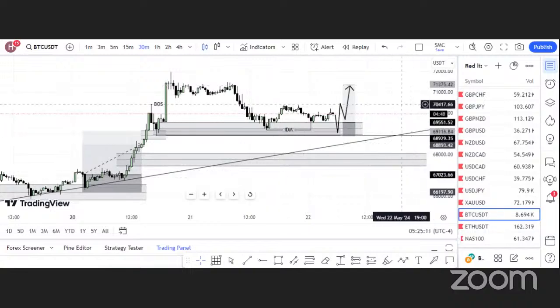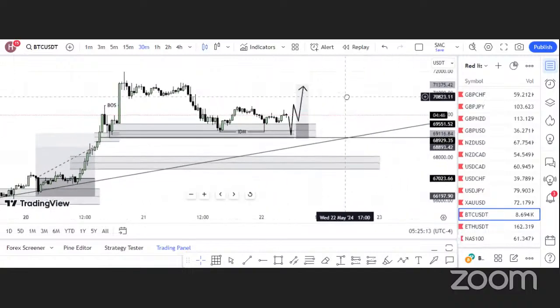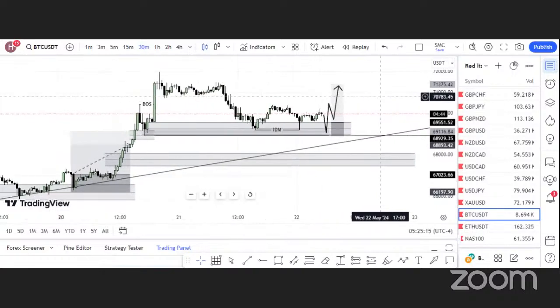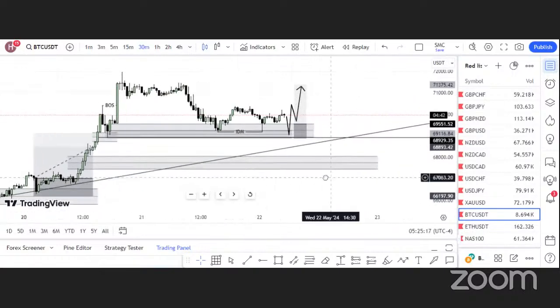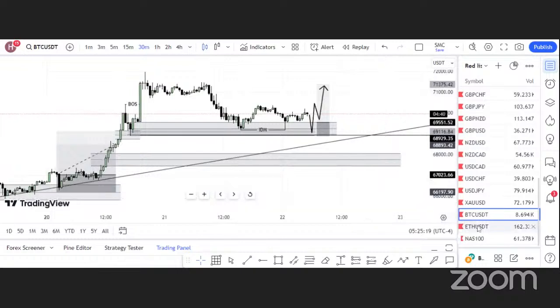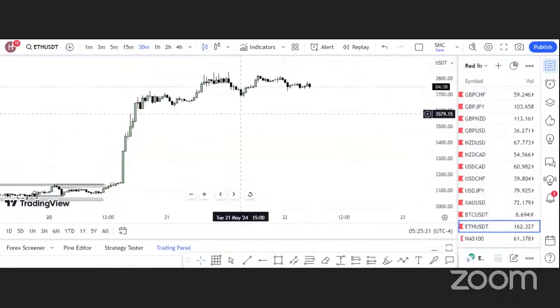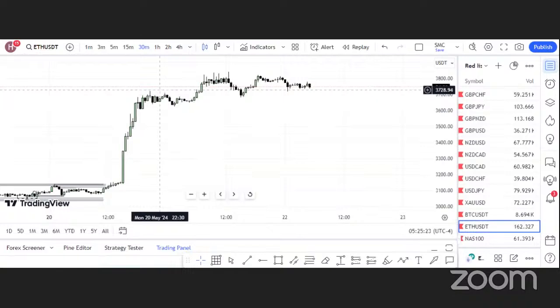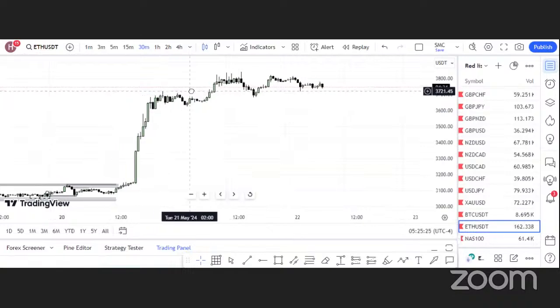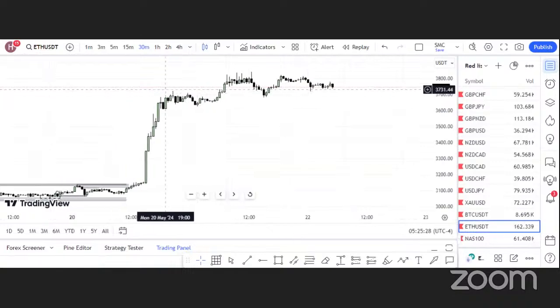Now, let's make analysis from BTC USDT's cousin. Right. So this is Ethereum, and Ethereum is BTC USDT's family. This is Ethereum USDT.